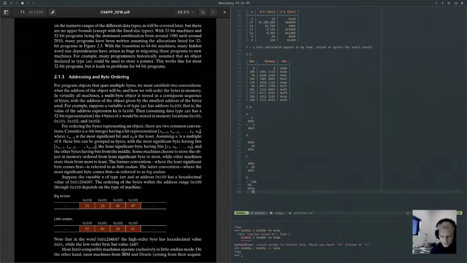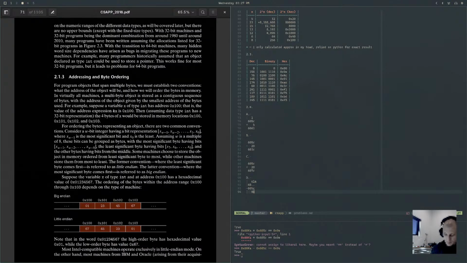So little endian would have the bytes in reverse order. Note that the high order byte has hexadecimal value 0x01, while the low order byte has value 0x67. Most Intel compatible machines operate exclusively in little endian mode.